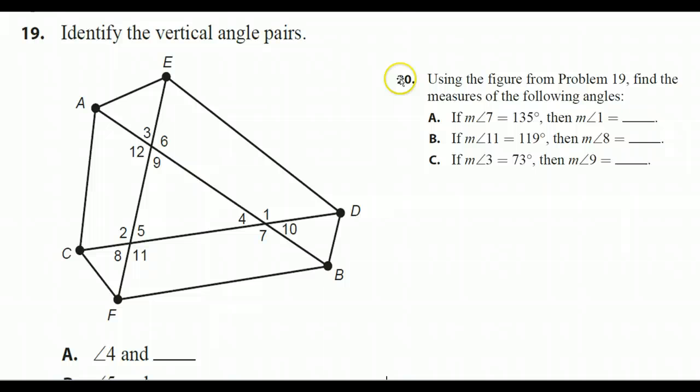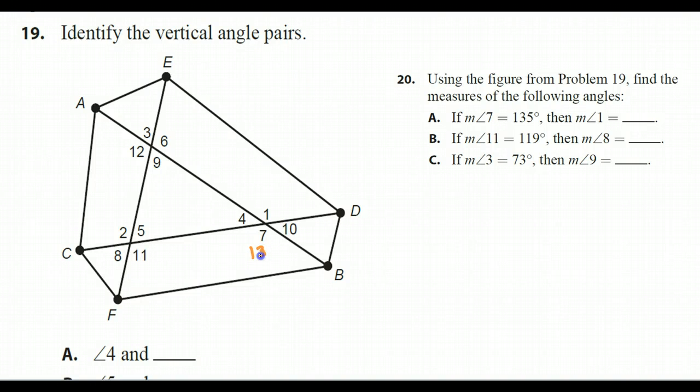Okay, now we're going to take a look at problem 20, and I have problem 19 here because we need to use it. We're going to find the measures of the following angles. So we are told in part A that the measure of angle 7 is 135 degrees. So let's put that on our picture. And we want to find angle 1.